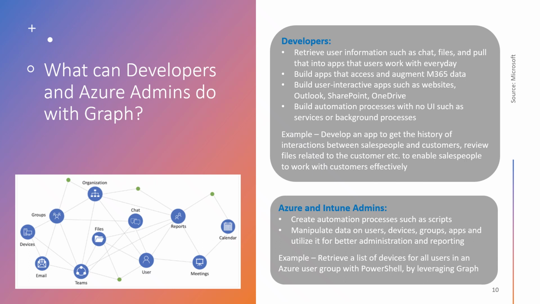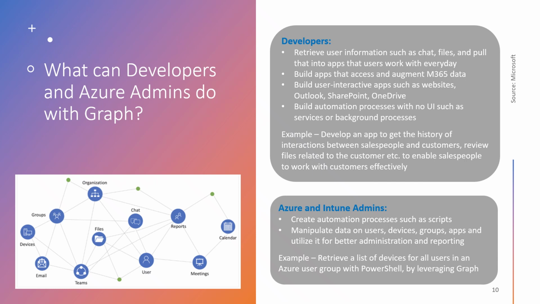What can you do with Microsoft Graph in general and the data accessed? Let's look at examples of the usage of Graph in context of how developers can leverage it and how Azure or Intune admins can leverage the API.